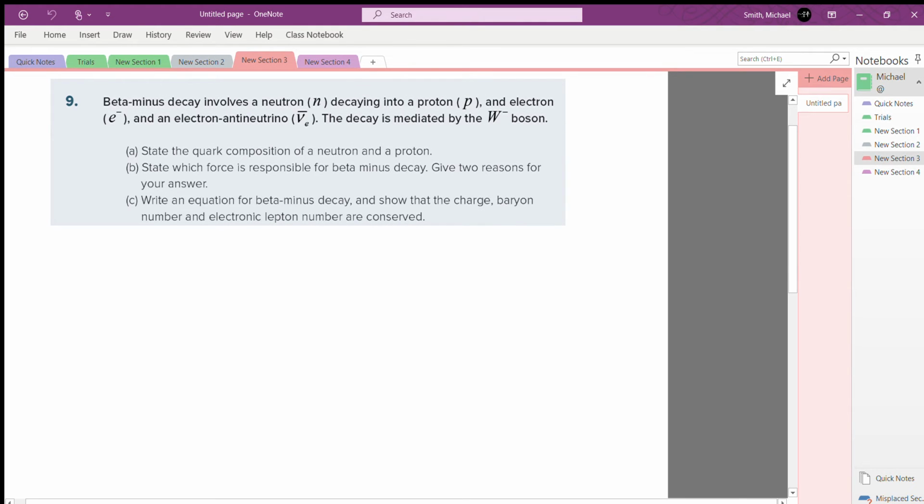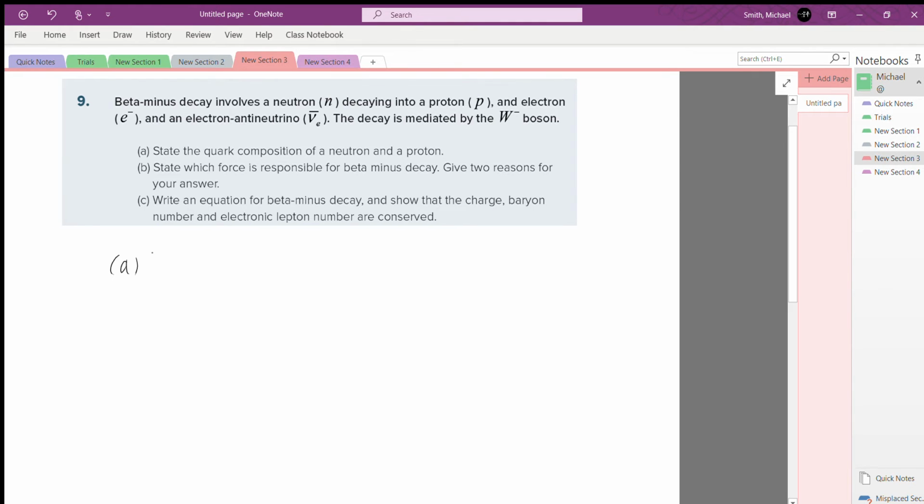So first we have to state the core composition for a neutron and a proton. That's fairly easy. These are things we just need to remember. So here we have the neutron first. Now the way I find easiest to remember, neutrons have no charge, so they're kind of dud.